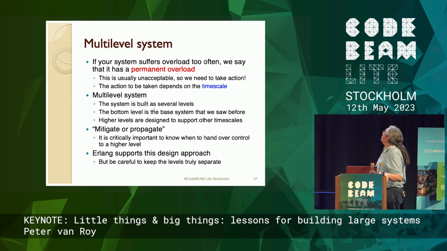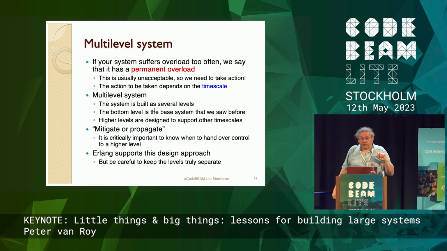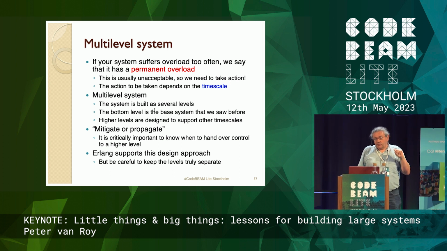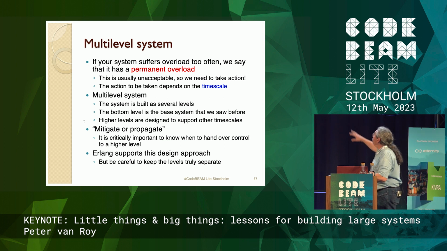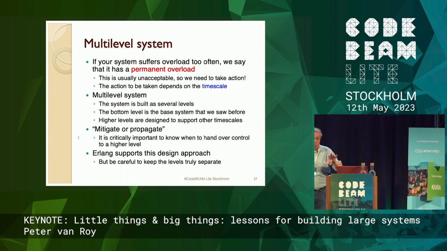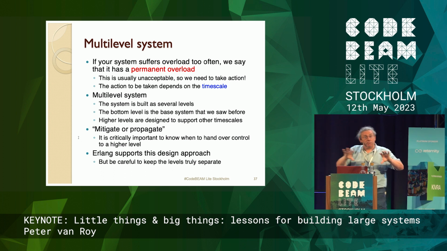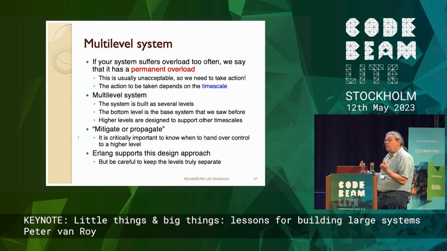And the other idea is you have to worry about timescale issues. So the action to be taken now has to be taken at a different timescale. And the way to do that is to build your system in multiple levels. So I'll explain that. And then it's critically important to know what each level should do, and that's called mitigate, or when you hand over control to the higher level, and that's called propagate.